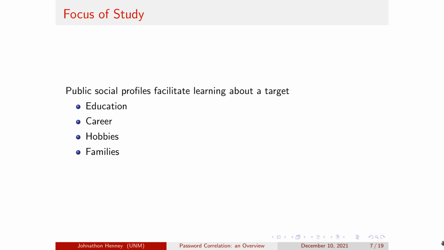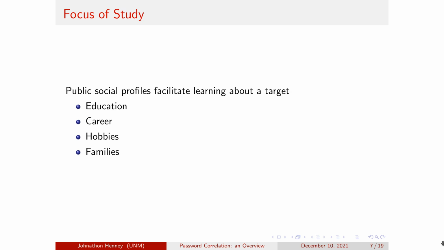And another thing that the authors were trying to very much drive home with the latter half of their paper, which I do not go into much detail here, is they wanted to emphasize the effects that social profiles have on password cracking. When you are able to tie a social profile to a target, then, because humans are predictable, you are able to learn things about them.